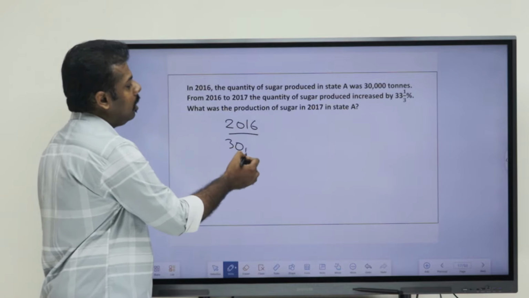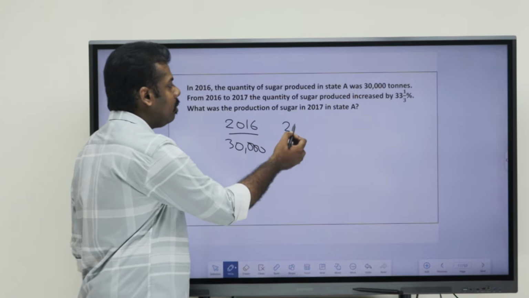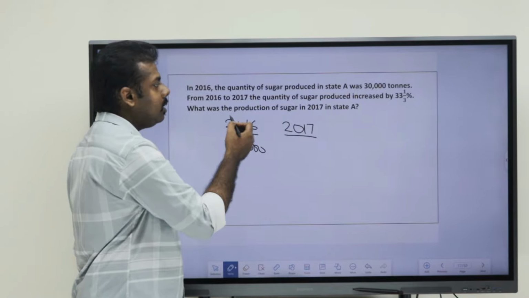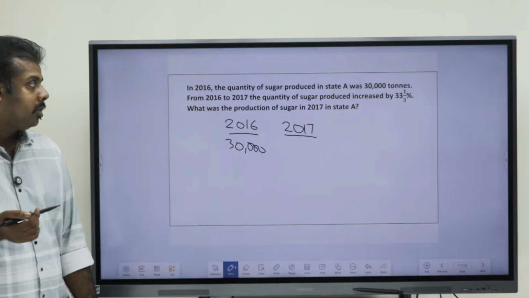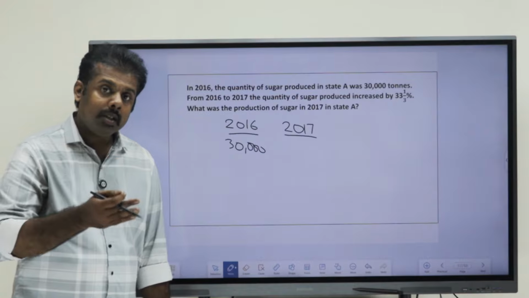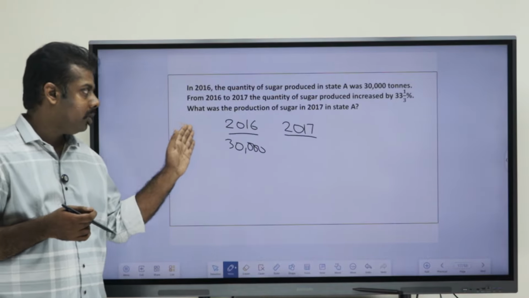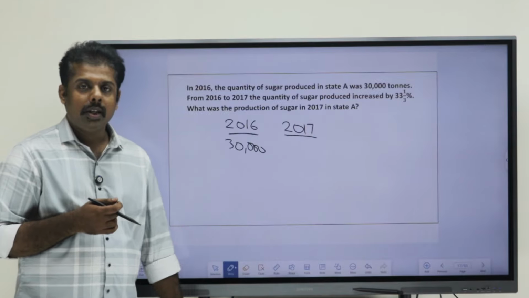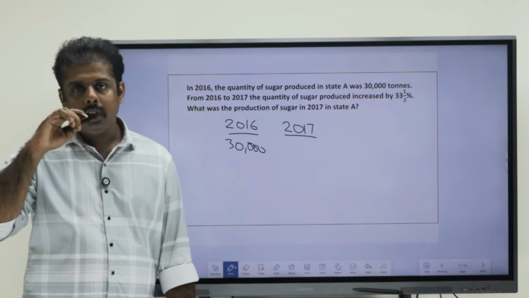Okay. Now in the next year, that is 2017, they have told that there is an increase of 33.13% in the production. So we need to find what was the production in 2017. Okay. So here the percentage is the main concept.